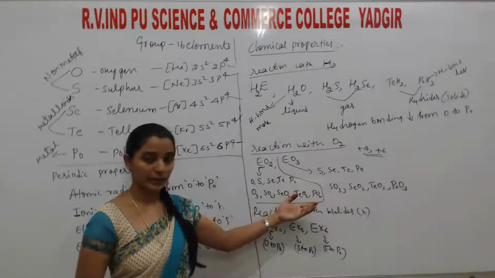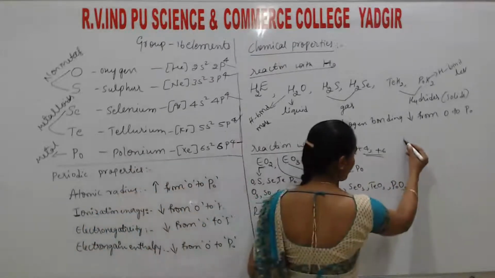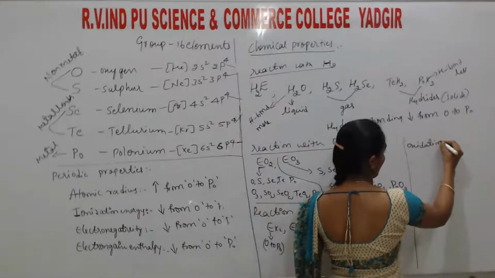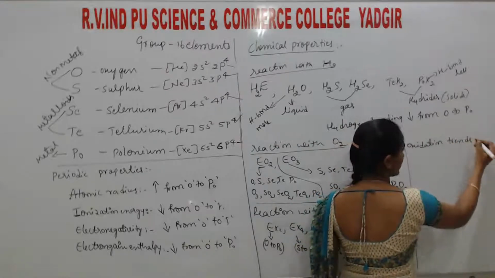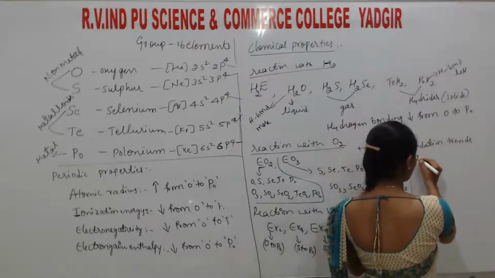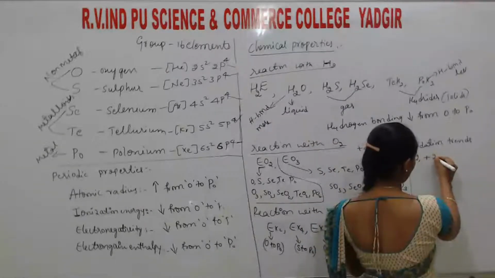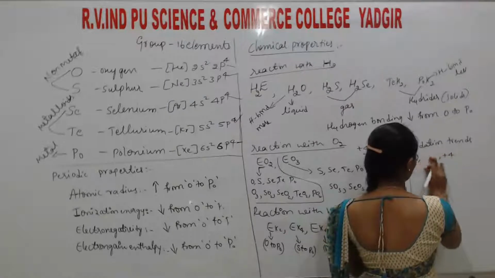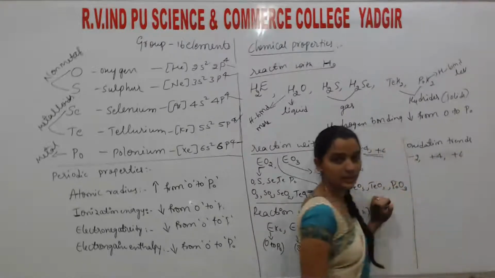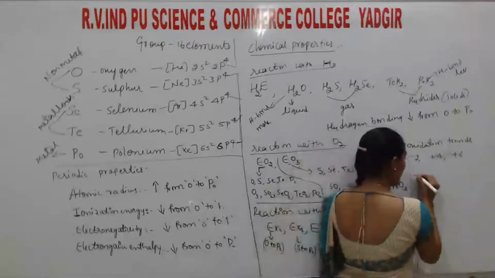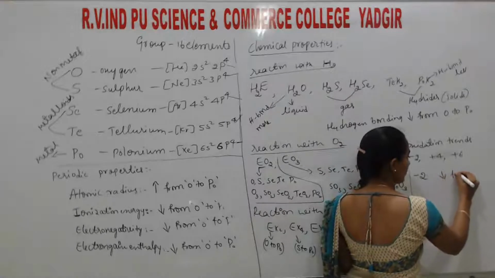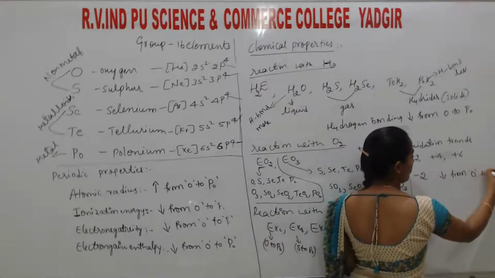I'll explain later. Listen. If we consider oxidation trends, there are four types of oxidation states: -2, +2, +4, +6. So students, the stability of the -2 oxidation state decreases from oxygen to polonium.